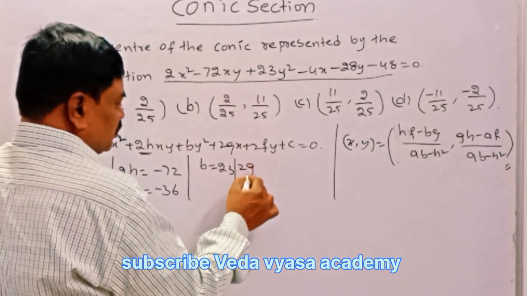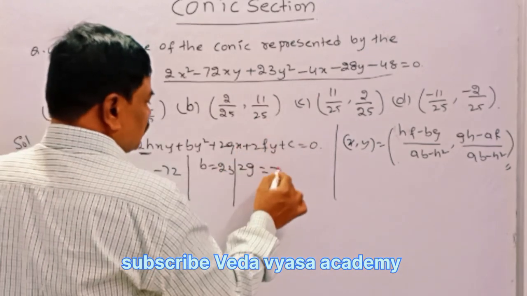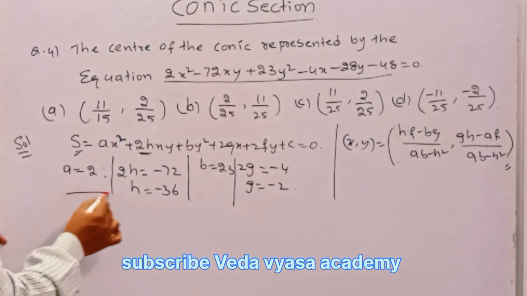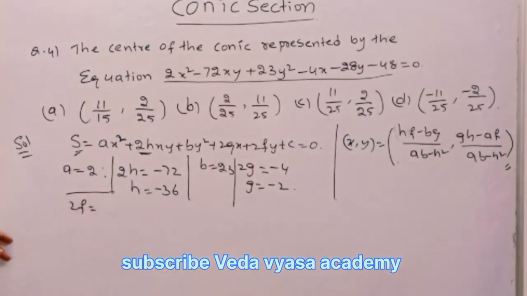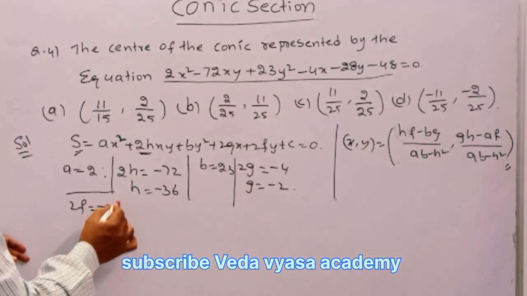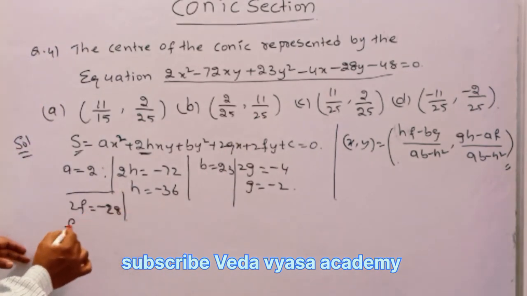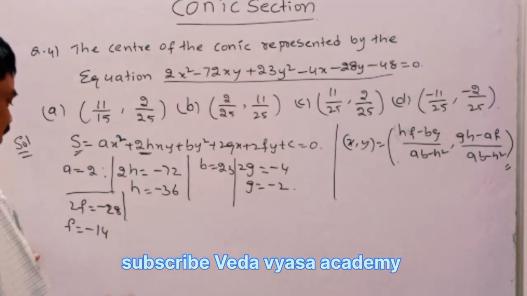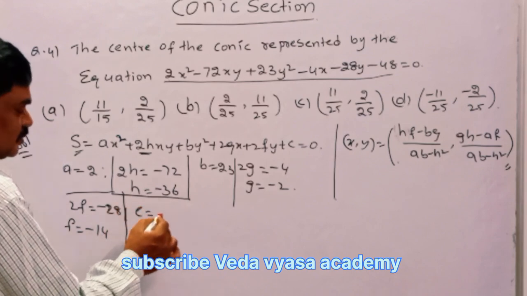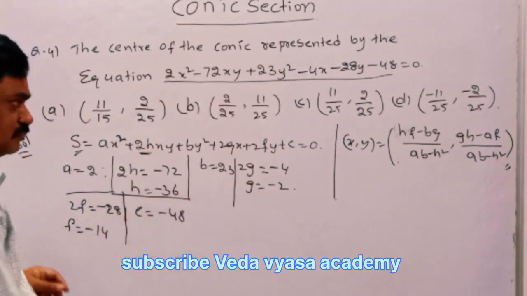Then 2g is equal to the x coefficient minus 4, so g is equal to minus 2. Then 2f is equal to the y coefficient minus 28, then f is equal to minus 14. C is equal to the constant, that is minus 48.